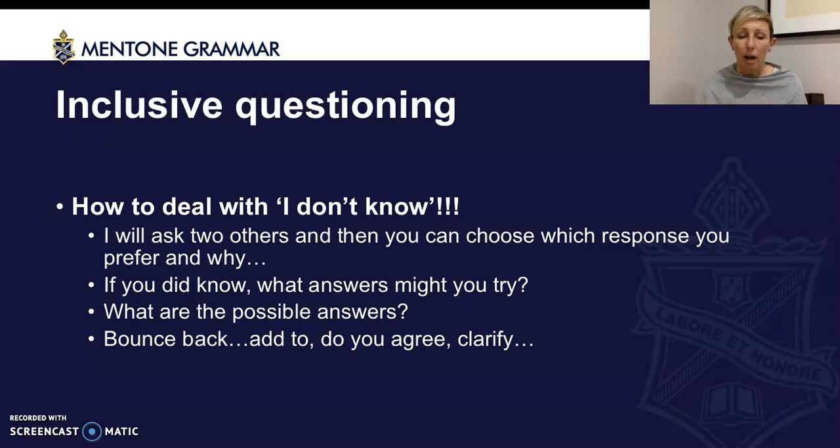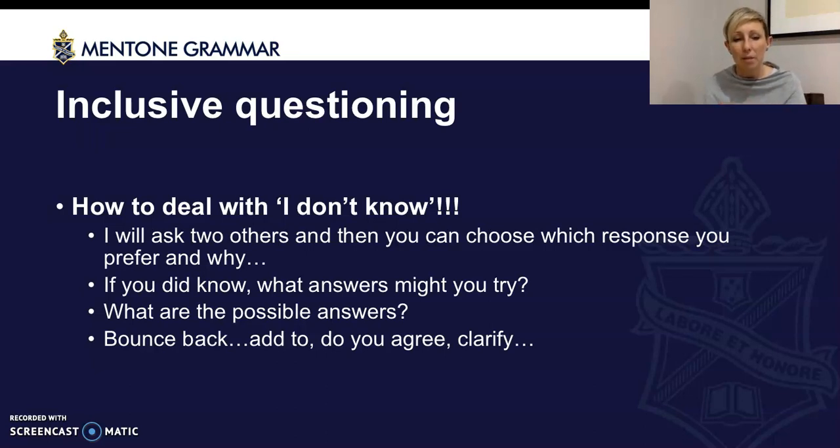Some of the things that came from the conference were that the response could be, okay, you don't know the answer at the moment, but how about I ask two other people to share their ideas, and then I'll come back to you and you can tell me which one you prefer and explain to me why. So I'll just ask you to listen carefully to some other people and then come back to you.